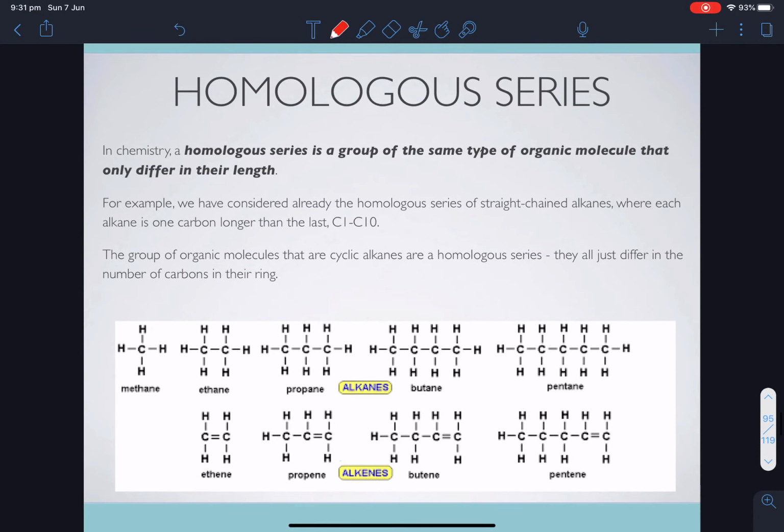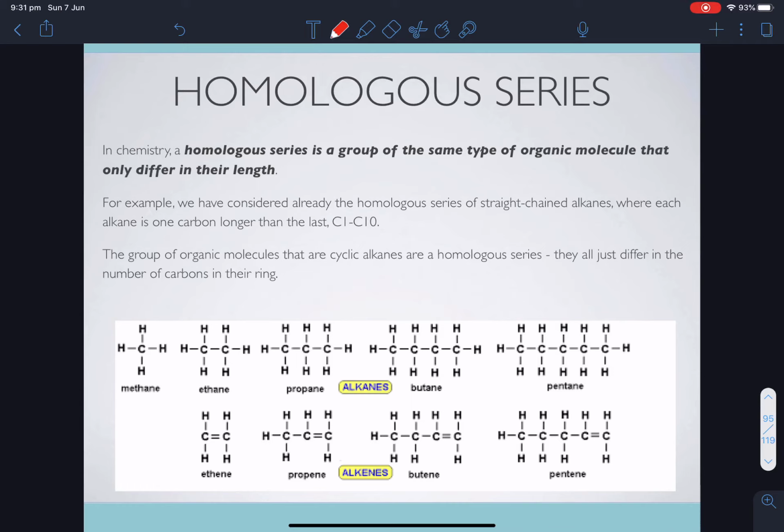I also need to talk about homologous series. We start to talk about it now, and we'll talk about it much more in the next chapter. But it's not too much of an extension here. So in chemistry, a homologous series is a group of the same type of organic molecule, but they only differ in the length of their carbon chain.